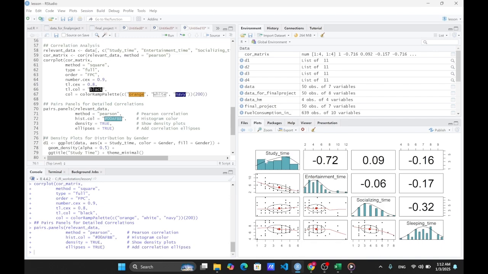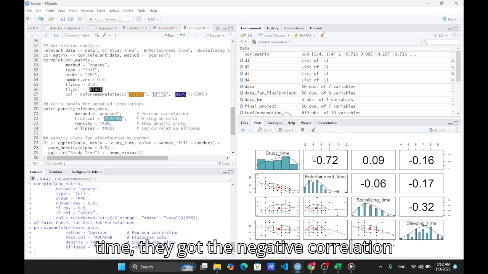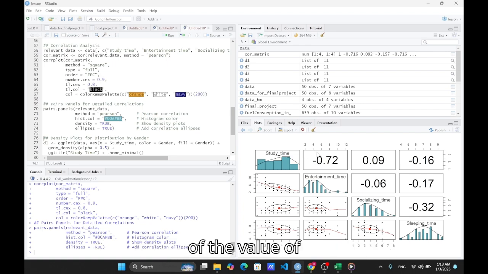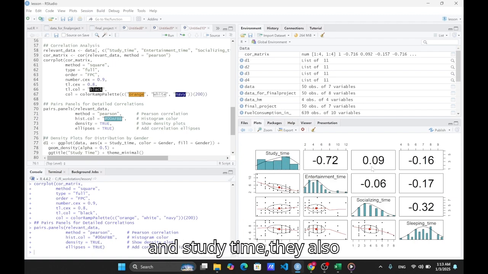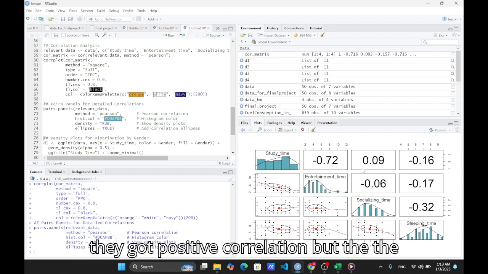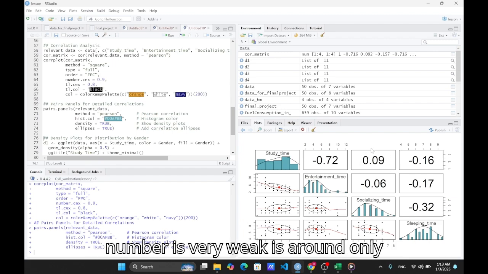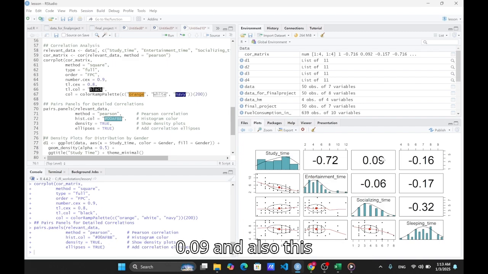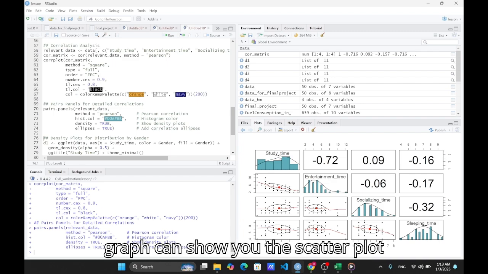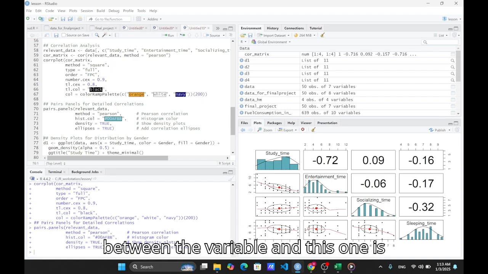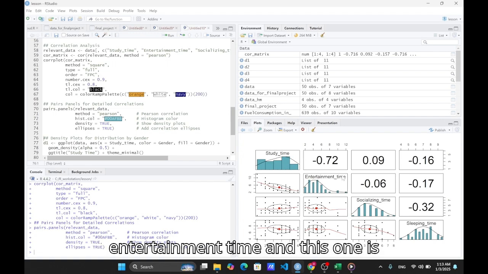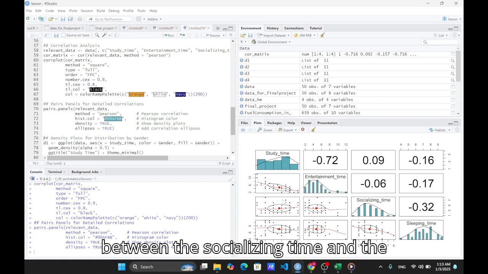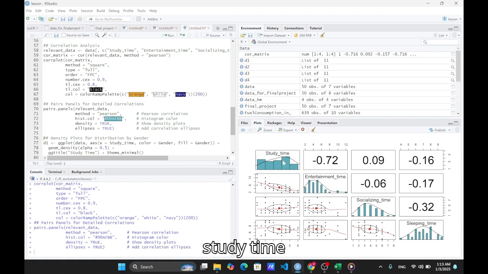For example, between study time and entertainment time, they have a negative correlation with a value of minus 0.72, and between socializing time and study time, they also have a positive correlation, but the number is very weak, only around 0.09. The graph also shows the scatter plot between the variables. This one is the scatter plot between study time and entertainment time, and this one is between the socializing time and the study time.